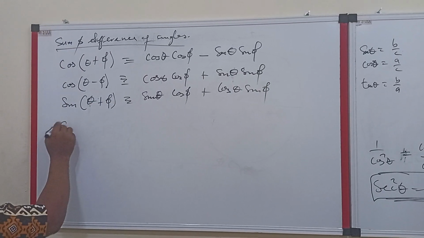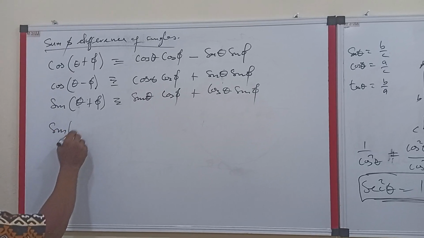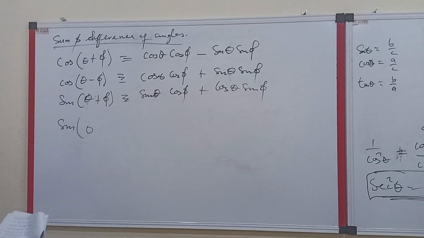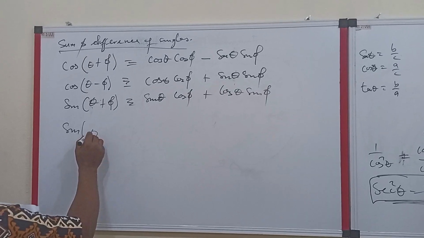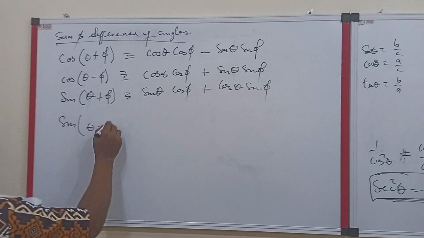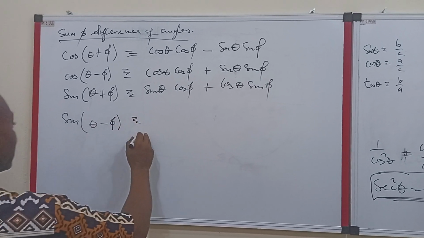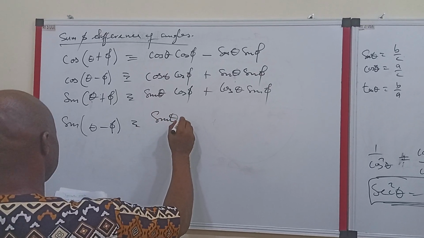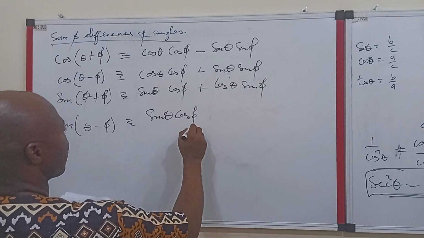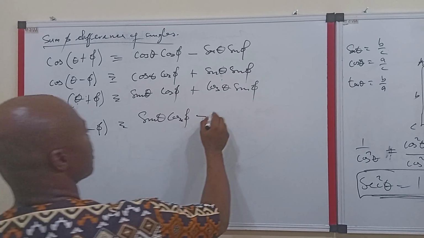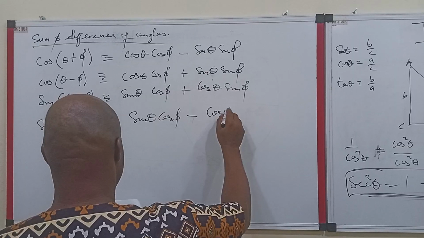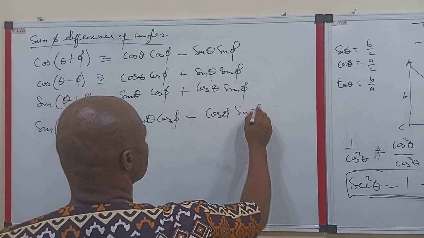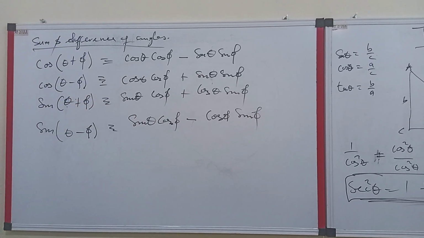Then if our interest is sine theta minus phi, then this we can write as sine theta cos phi minus cos theta sine phi.